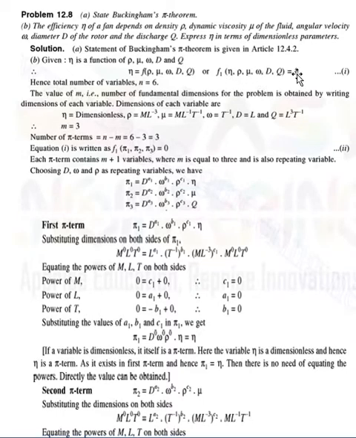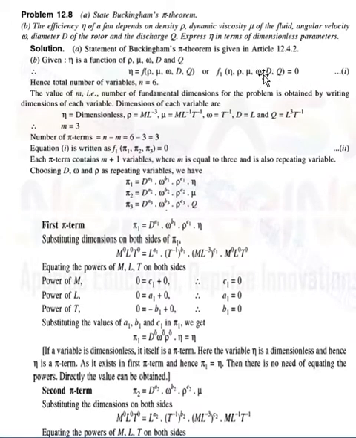Then the second point is to choose the geometric properties. From equation number 1, only d is a geometric property, therefore d is our first repeating variable. Then second is omega, w, the angular velocity. First one is geometric properties, second one is flow properties.